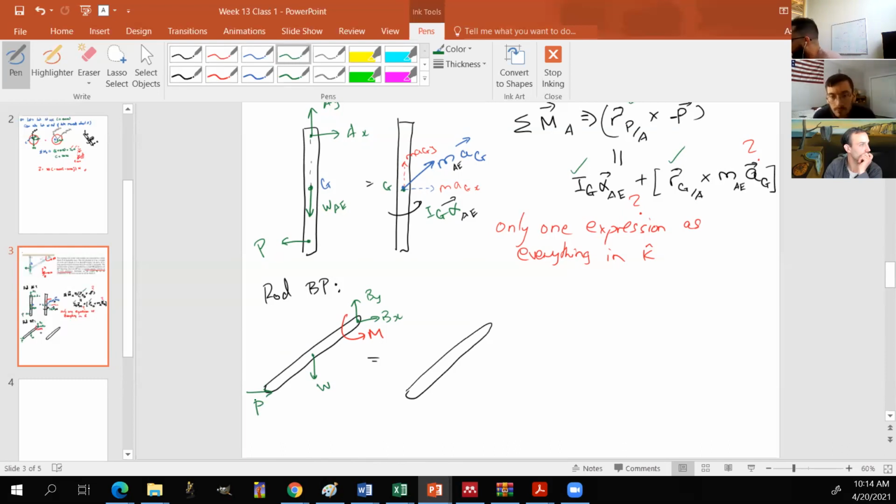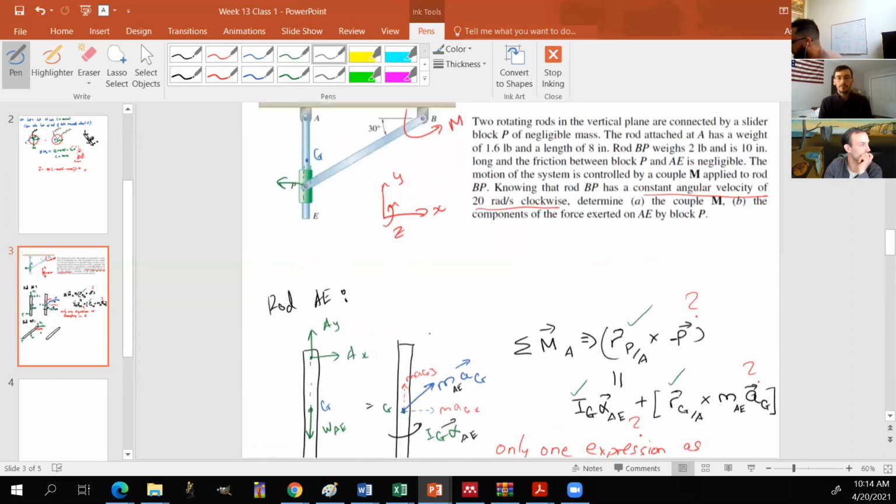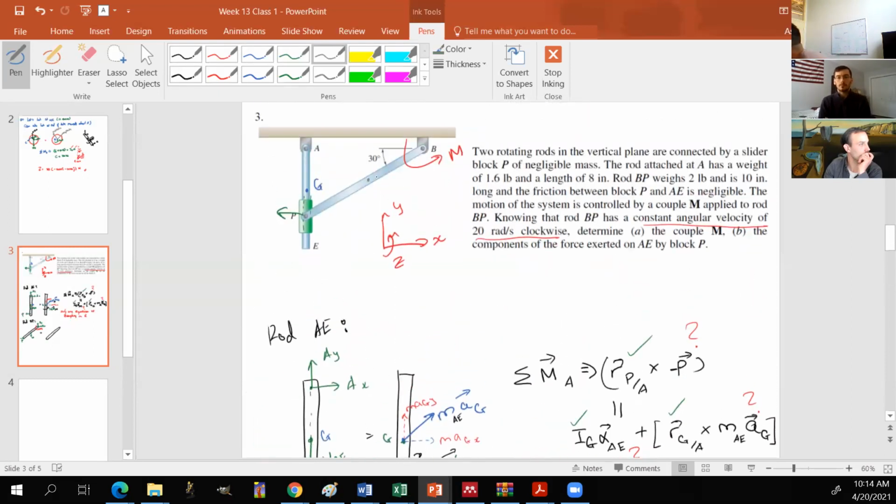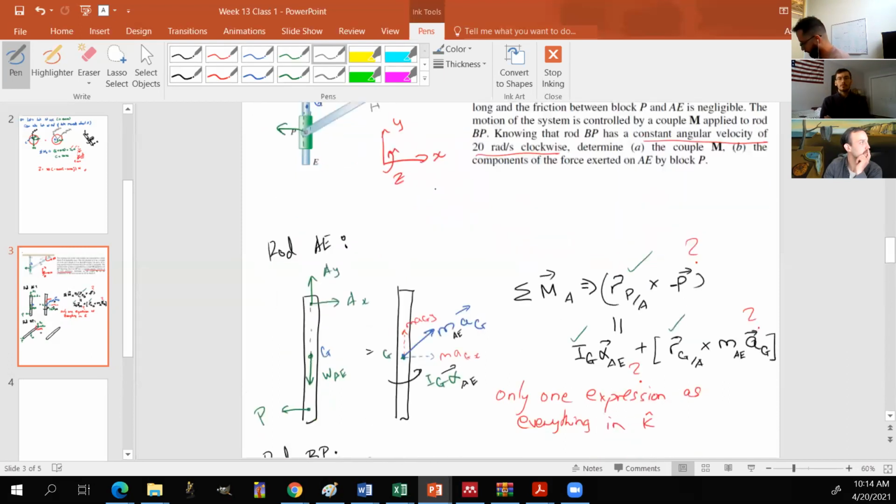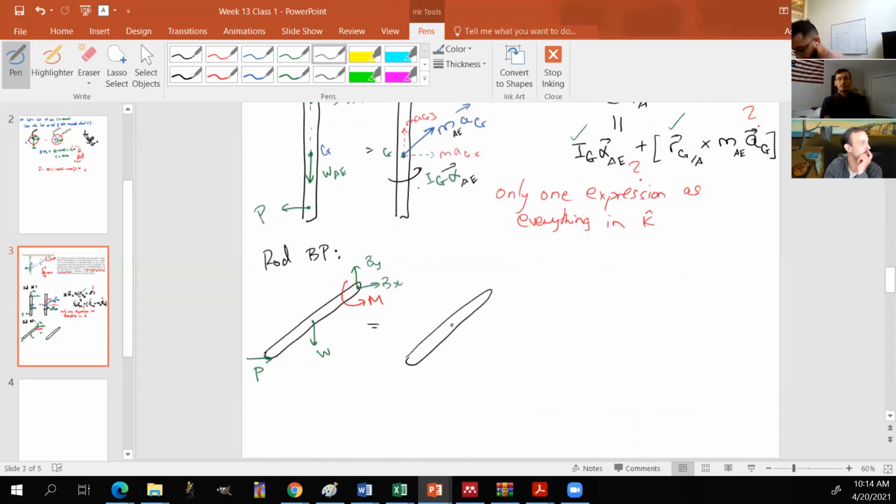All right, and similarly, let's call this center point here, the centroid for this rod, H. Similarly, you're going to have an arbitrary acceleration term, because again, you will have 2 components.